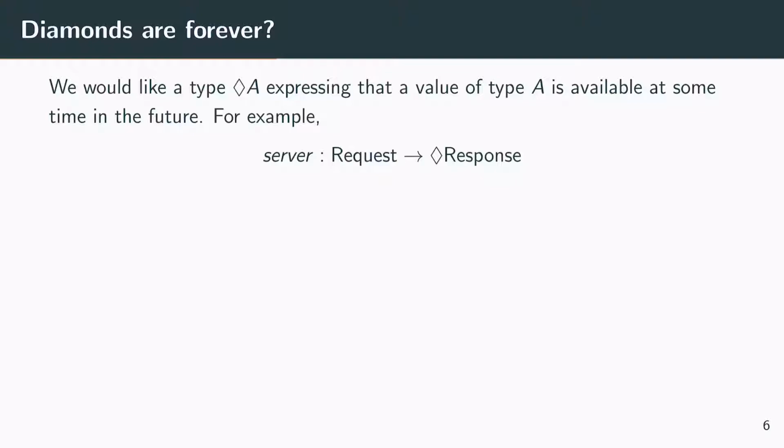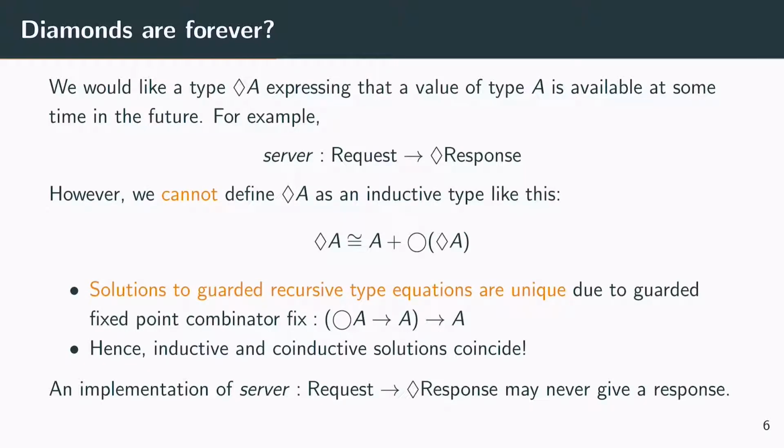Like, for example, we would like to have a server of the following type that says, let's give it a request now, and then the server will respond with a result sometime in the future. So we use the diamond to express this here. So we can think of the diamond as being an inductive type like this, right? Which is either a value A now, or it is later a promise of a value of type diamond A.